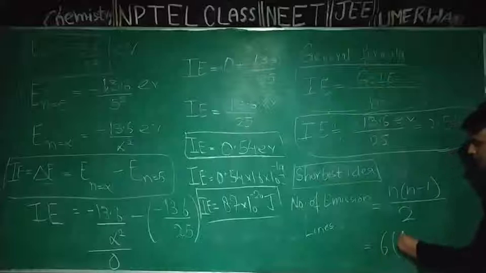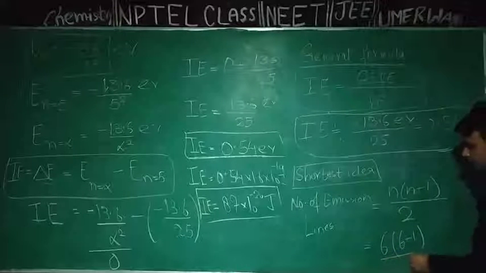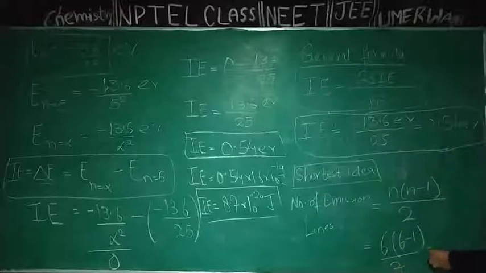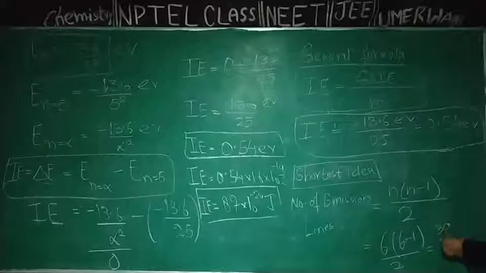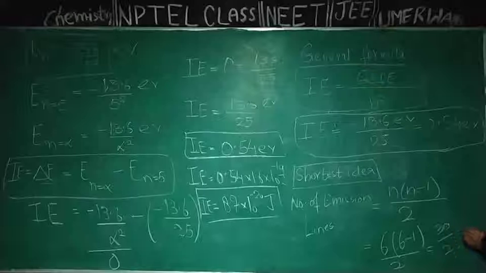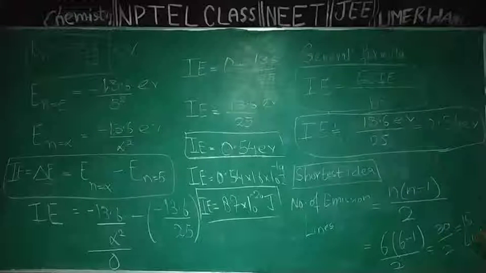So 6 into 6 minus 1 divided by 2, it will come 30 divided by 2, and 30 divided by 2 is equal to 15. We will get 15 lines in its spectrum.